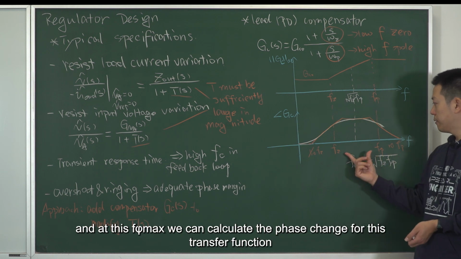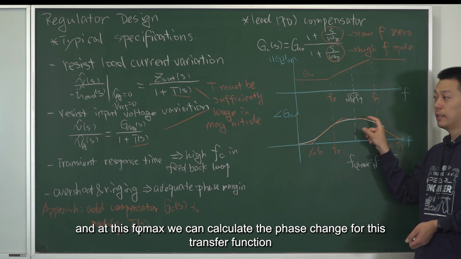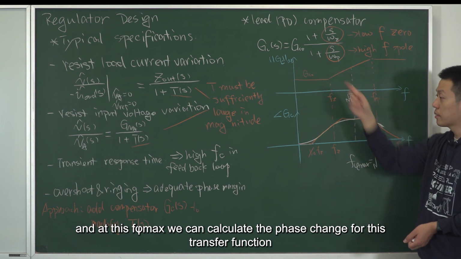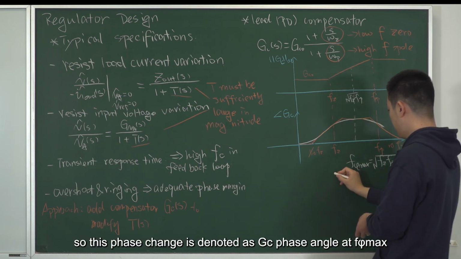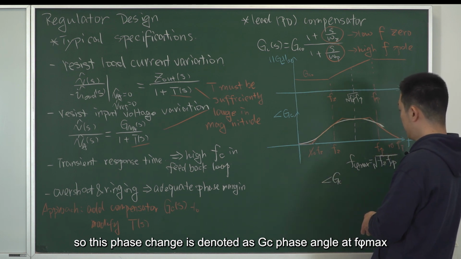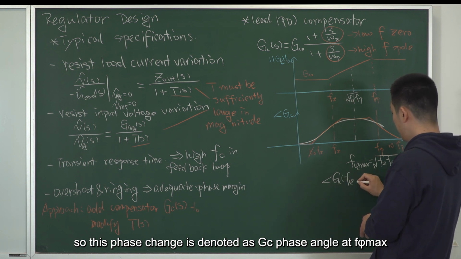And at this phi max, we can calculate the phase change for this transfer function. This phase change is denoted as the GC phase angle at F phi max.